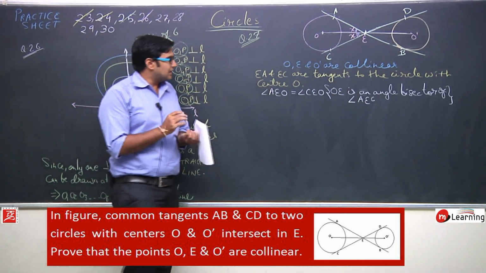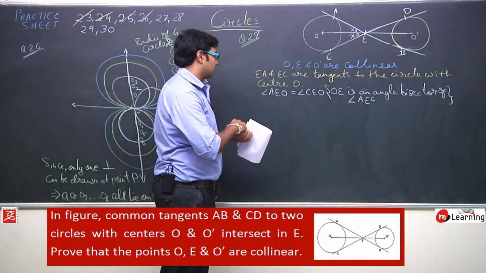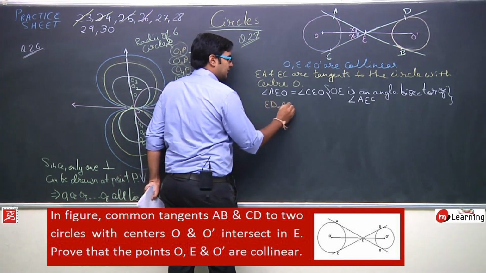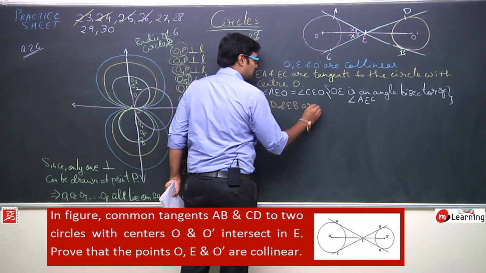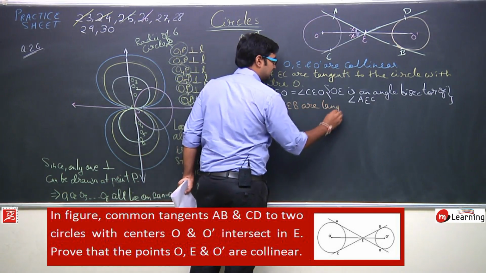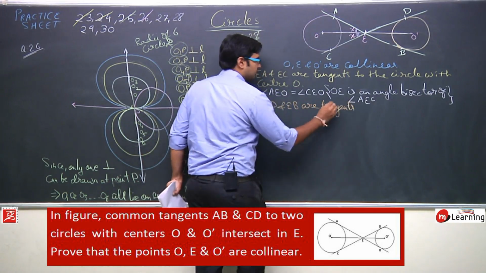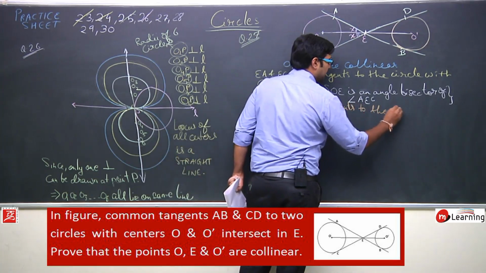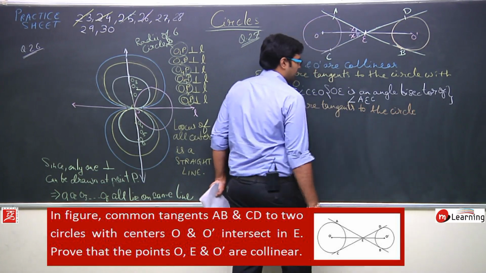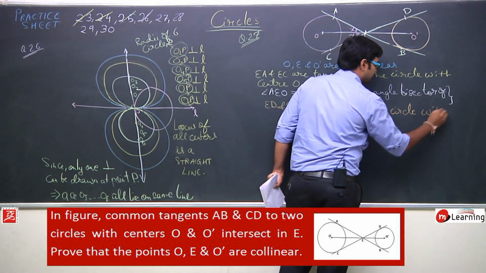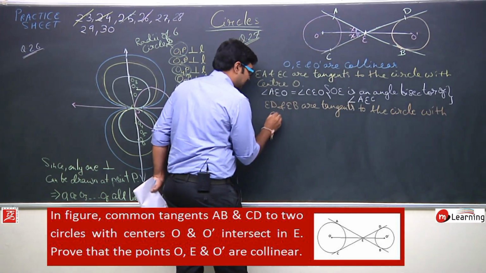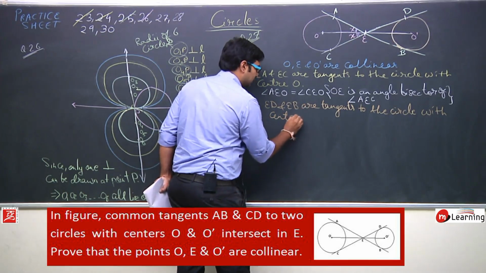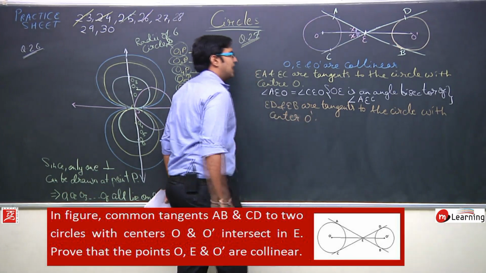Now, similarly, if you observe, ED and EB are tangents to the circle with center O dash.